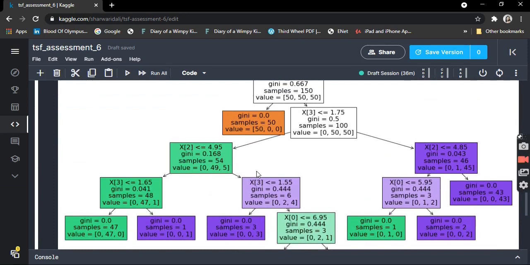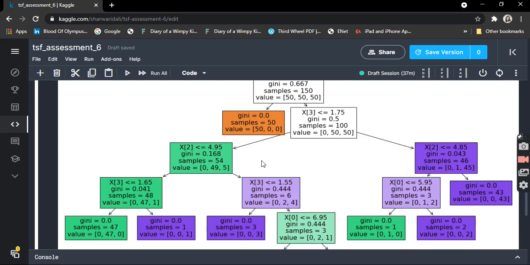The value of the Gini index is 1 minus the square of the probability of positive samples and the square of the probability of negative samples.